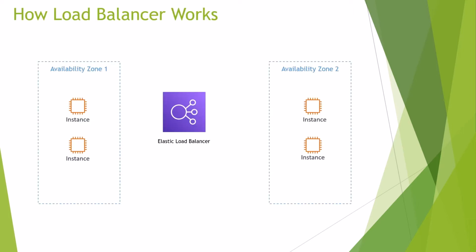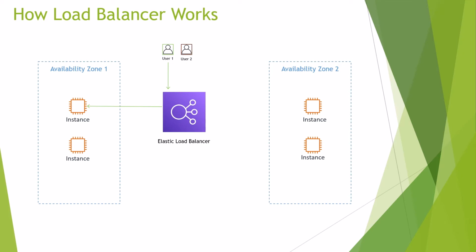So let's see how a load balancer works. Suppose in the scenario you see right now, you have 2 instances running in availability zone 1, and 2 instances running in availability zone 2. And you have an elastic load balancer, maybe an application load balancer for this example, sitting in front of these instances. When user 1 tries to access your application, they send a request to the load balancer through the load balancer URL. The load balancer will direct traffic to, suppose, instance 1, which is present in AZ1.